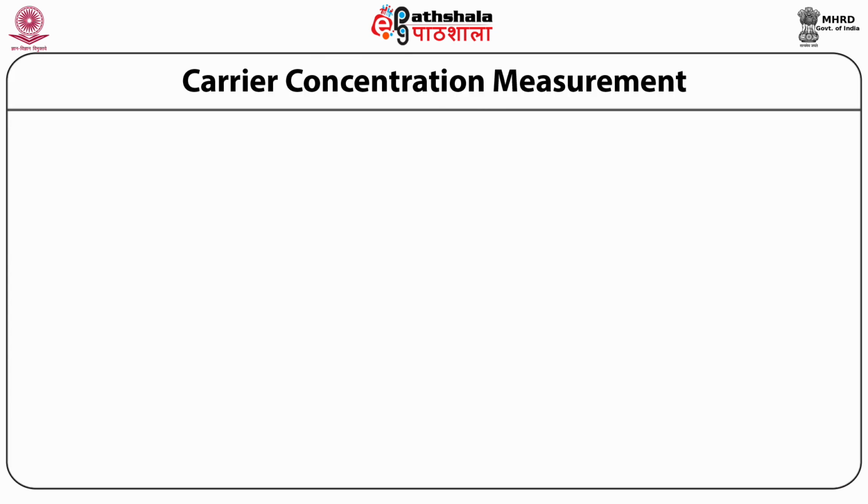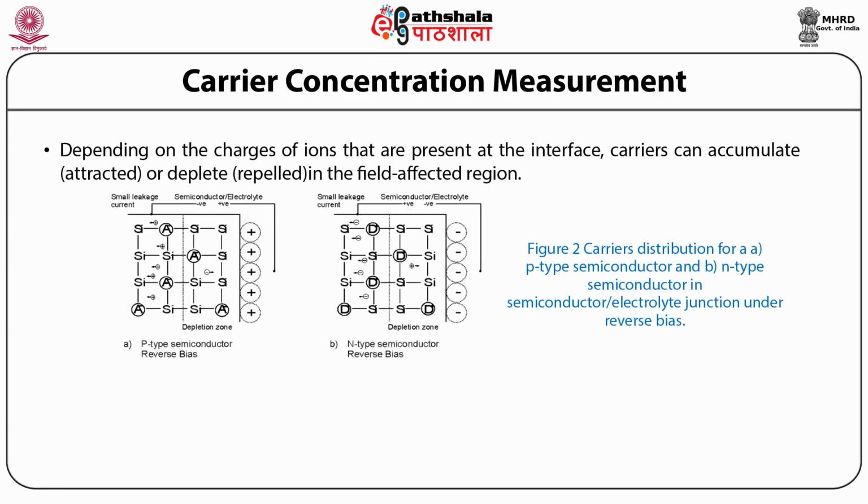Carrier concentration measurement. Depending on the charges of the ions that are present at the interface, carriers can accumulate, that is attracted, or deplete, that is repelled, in the field affected region. For determining the carrier concentration through the ECV technique, conditions should be favorable for the formation of a depletion region.